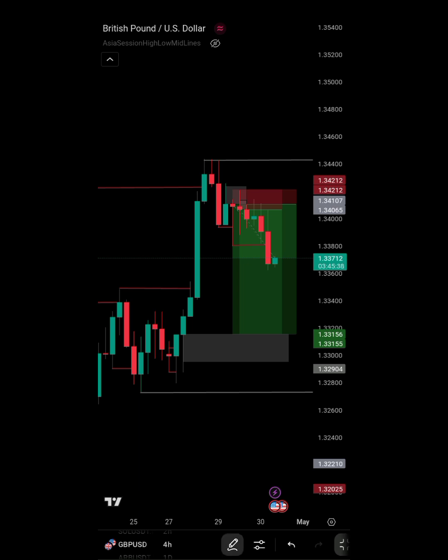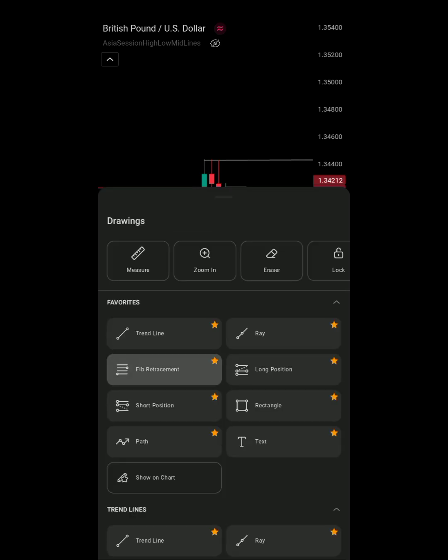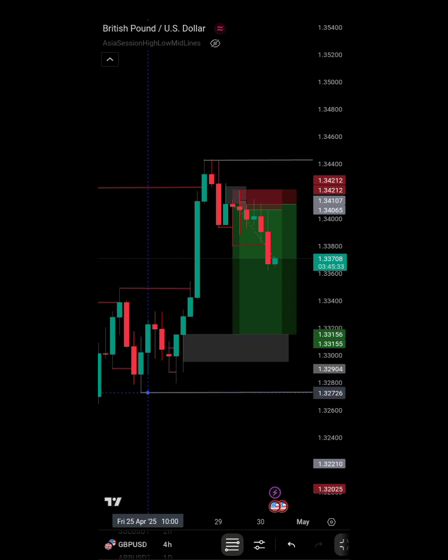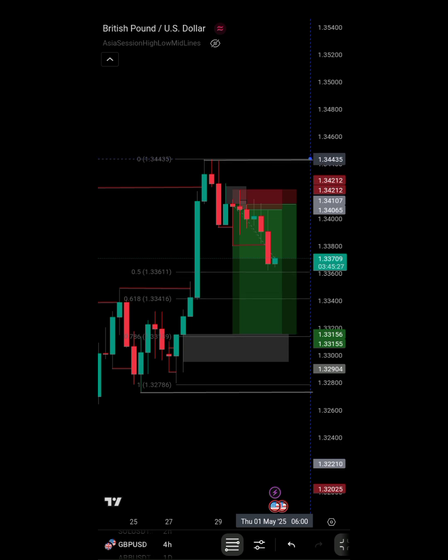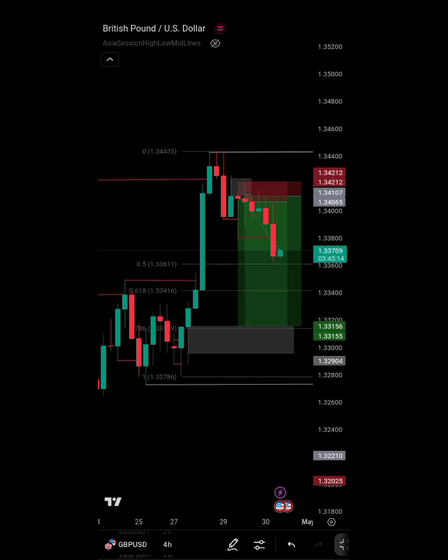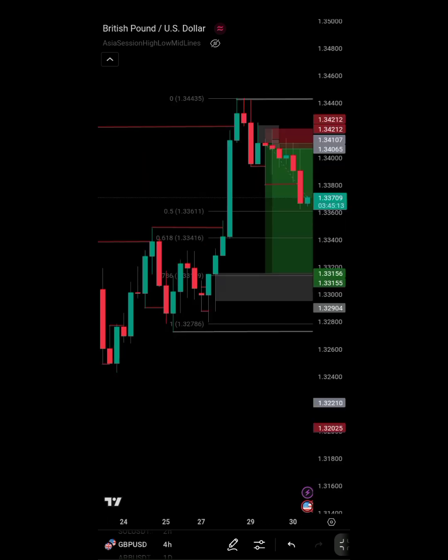Secondly, we pull out the Fibonacci to understand where you should be buying from. Ideally you should be buying from a discounted level. So what I do is anything below 50%, I look for my point of interest there. As you can see right now, this is my 50% level.